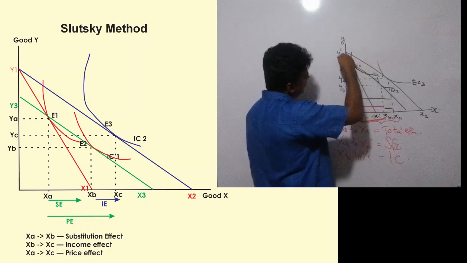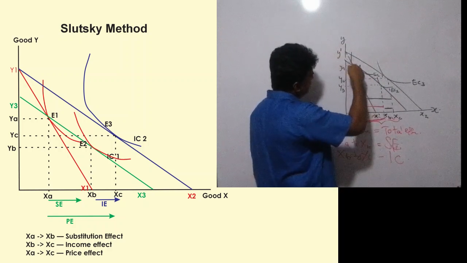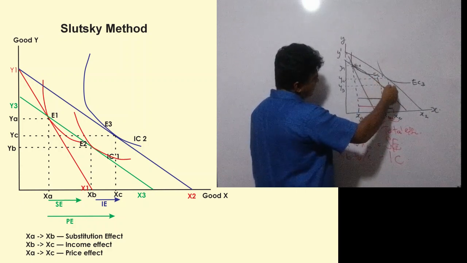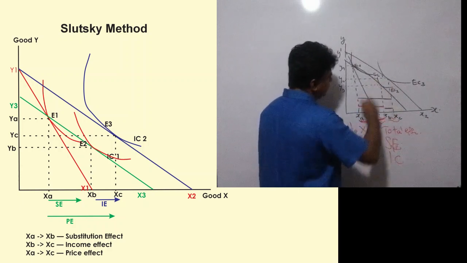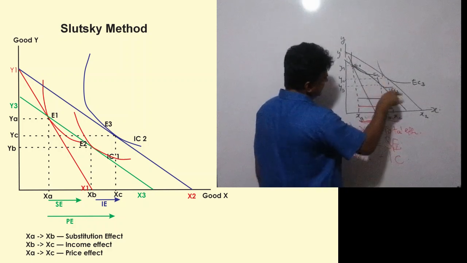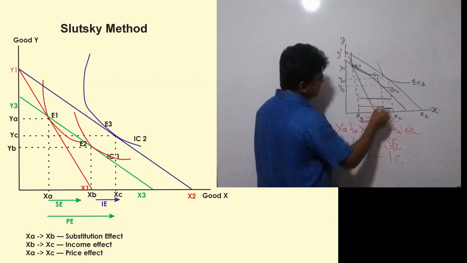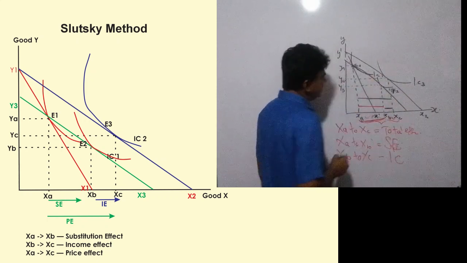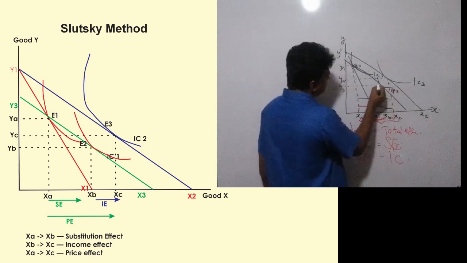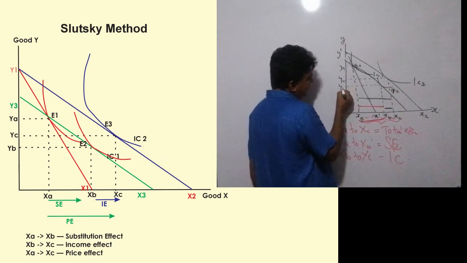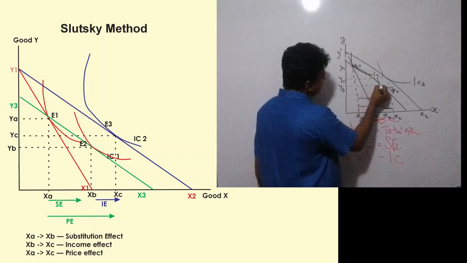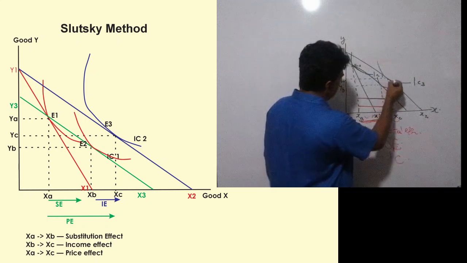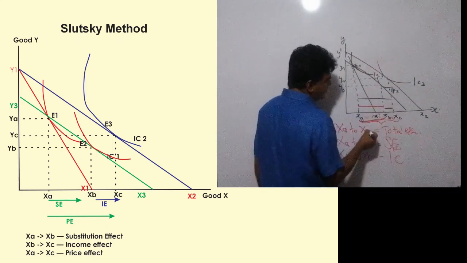And we are drawing a parallel line tangent to this, E1, and drawing another indifference curve, E2. This is the second indifference curve. Then in that case, this is using the YB amount. And another indifference curve we have drawn. This is the income effect.